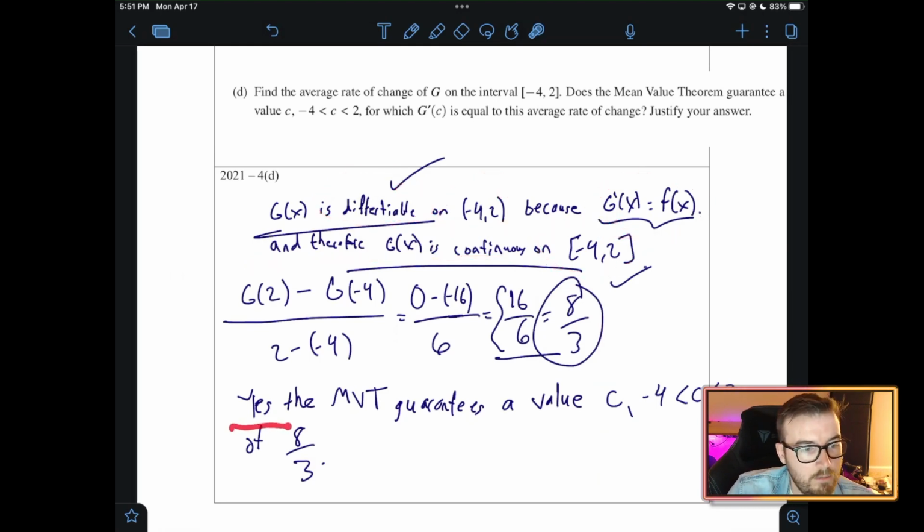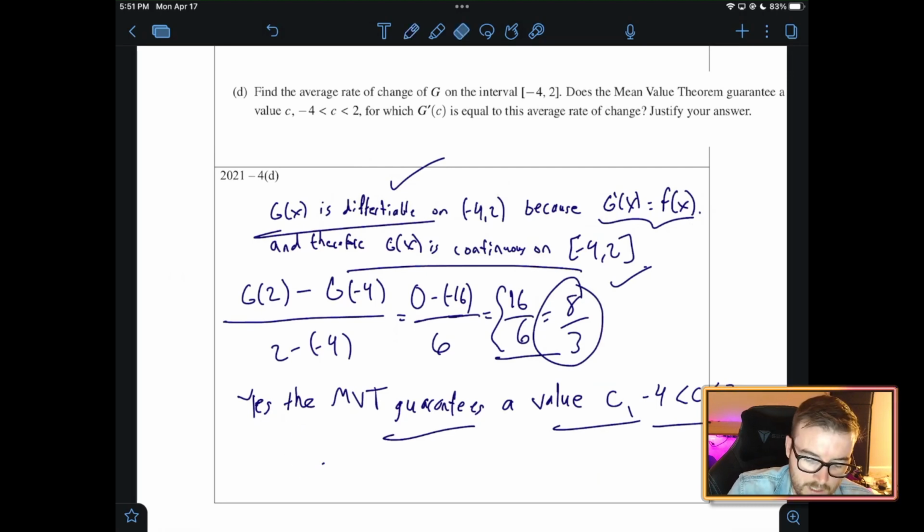Therefore, yes, the mean value theorem applies. Oh, we said guarantees a value C between -4 and 2. And they were a little fancier with such that g prime of c equals 8/3.